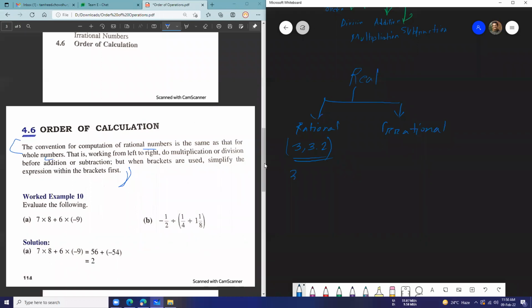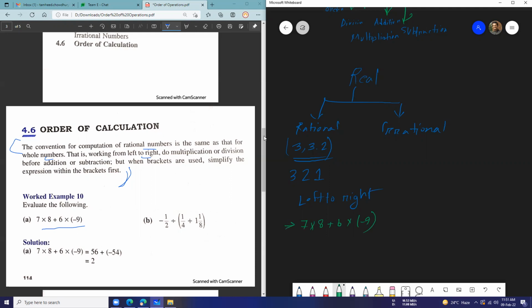Whole numbers are 3, 2, 1. That is working from left to right. Like look at this, from left to right. All right. The number 7 times 8 plus 6 times minus 9 is from left to right.